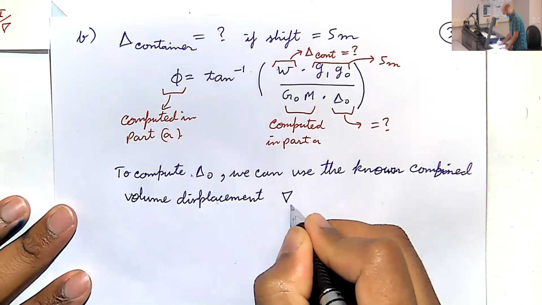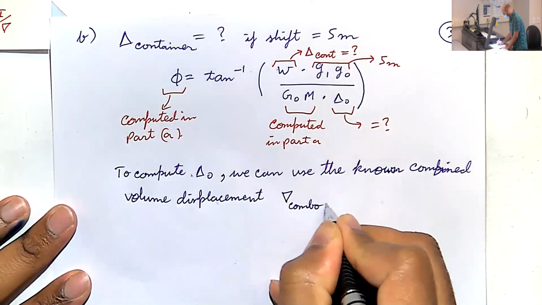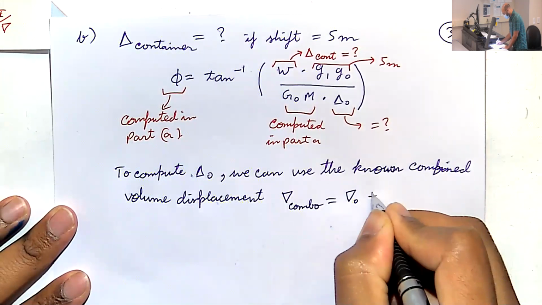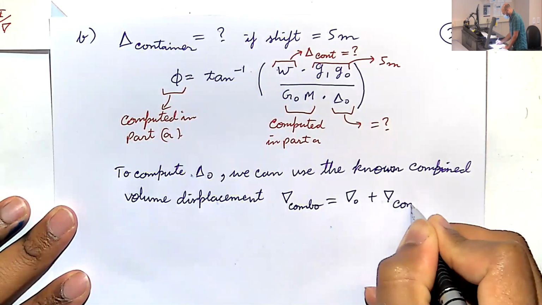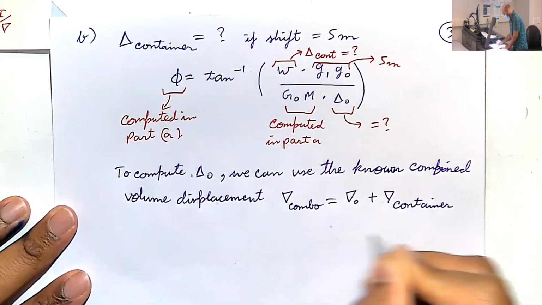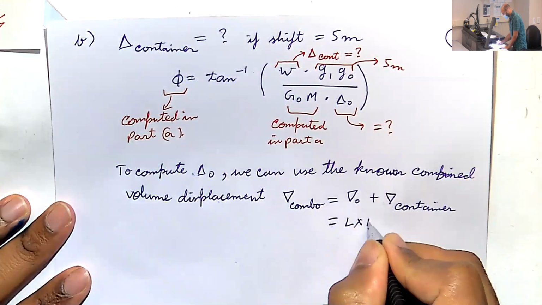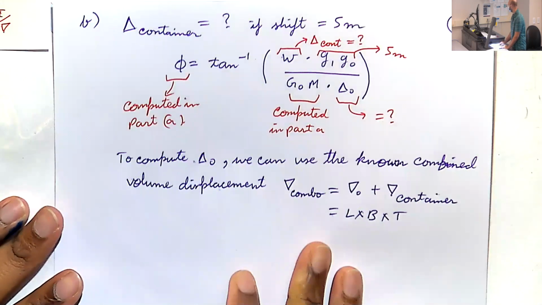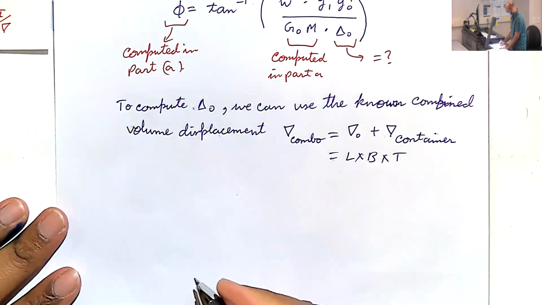So nabla combined is nabla hull plus nabla container. And this we know is L times B times T, and that's given.